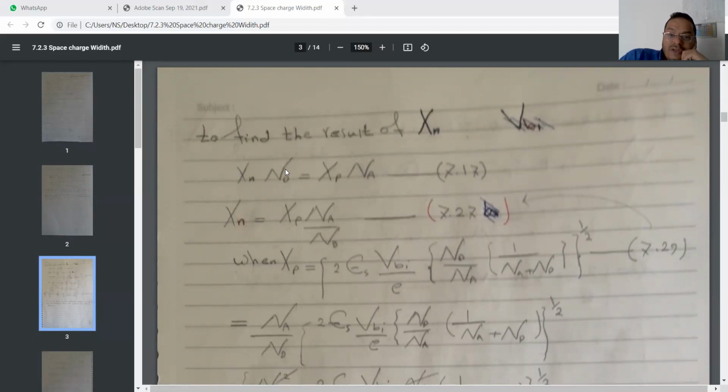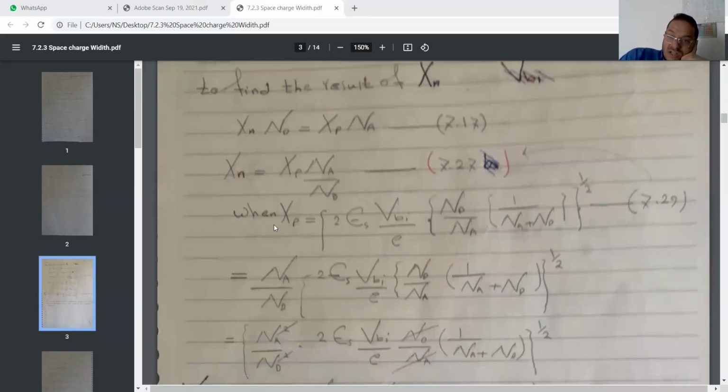Like we said before, we benefit from equation 7.17. And by this way, we found the last equation of Xn, which equals the width of the P region times the acceptor concentration divided by the donor concentration, and this equation was 7.27.